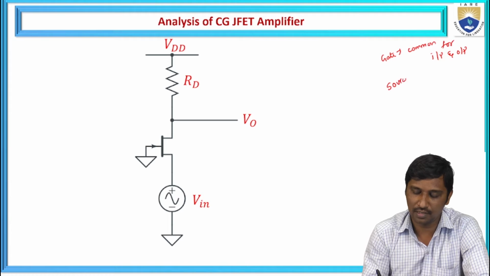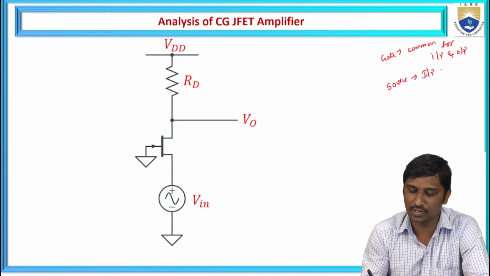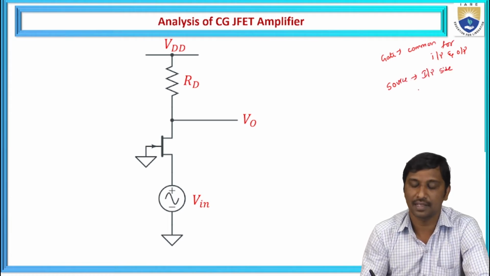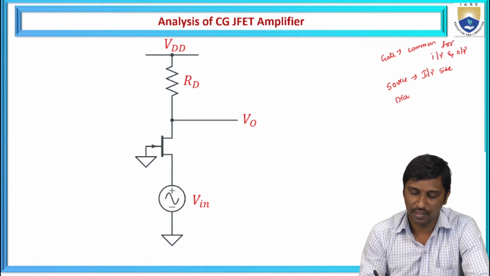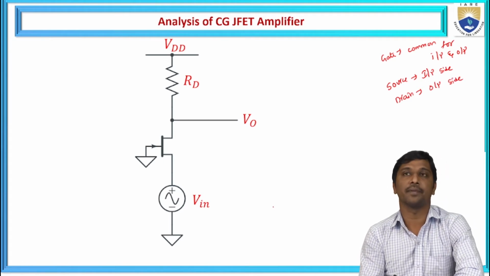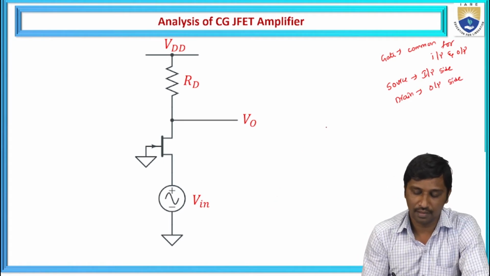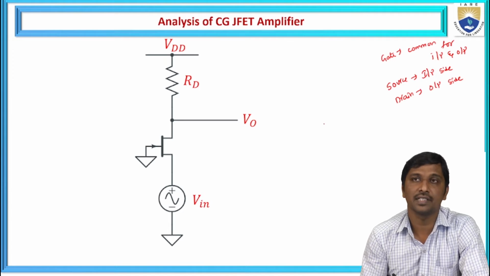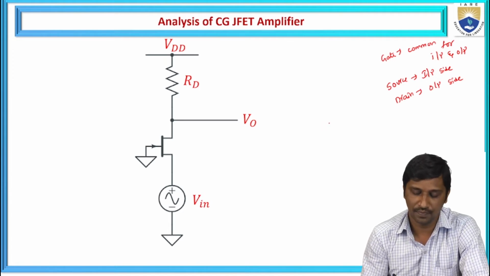Now I'm going to consider the source as the input terminal. Across the drain, we are going to measure the output parameter, hence the drain is connected to the output side. And again, we require some amount of biasing voltages.